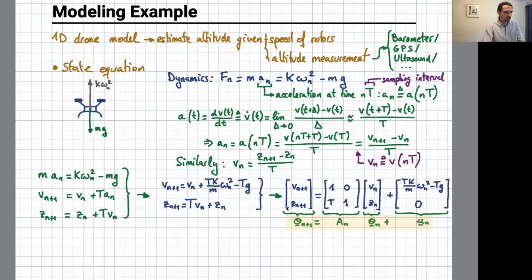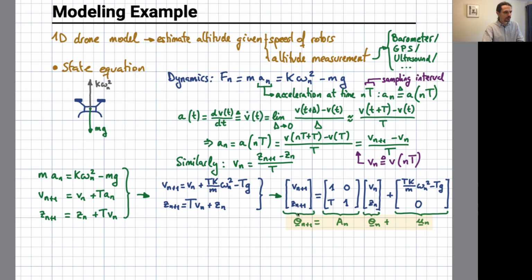So now we can recognize this as our state variable at time n+1, this would be the transition matrix, and this would be the state at time n. This vector here will be un, and we can possibly add even additional terms that would model perturbations that we are not accounting for here, like changes in the pressure of the air and things like that.